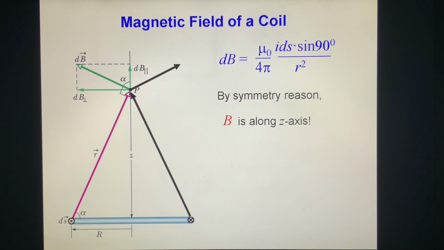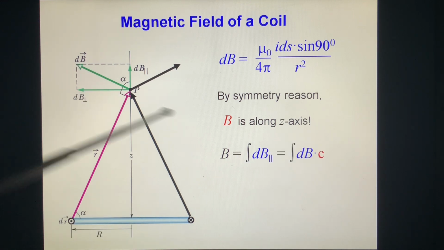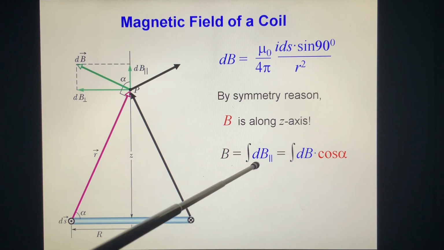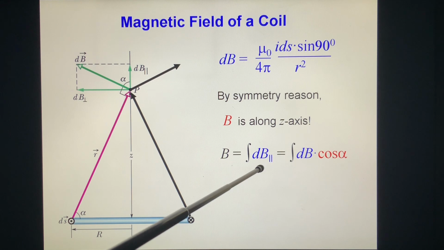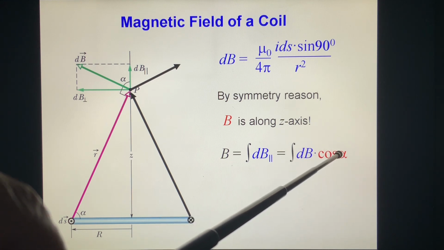So how big is B? B equals the sum of dB parallel all around the coil, and dB parallel is dB cosine alpha.